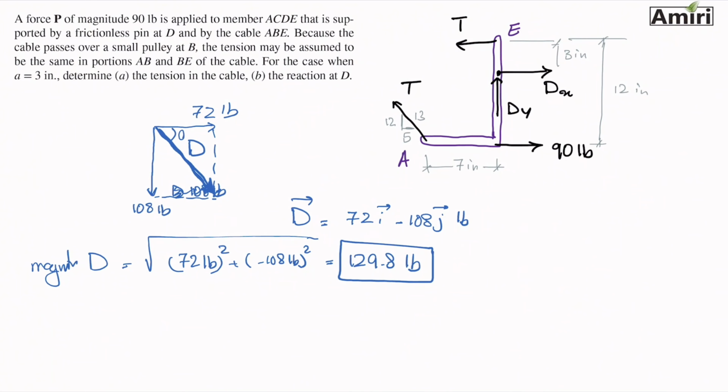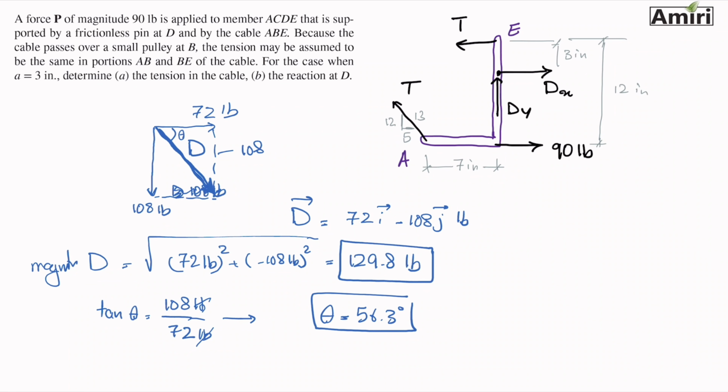Can I find this angle theta? Yes, sure I can. Tangent theta equals 108 over 72. Pounds cancel each other out, and theta is going to be 56.3. If you find dx and dy, that's totally fine. But again, since this problem says the reaction at D, it's better to present it as one force and one angle. Thank you very much.